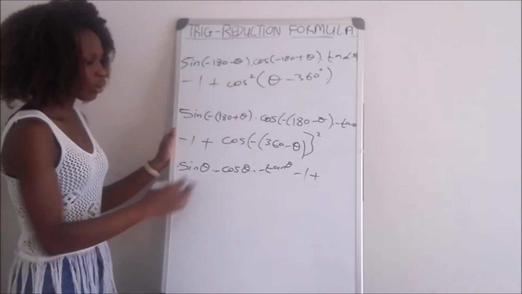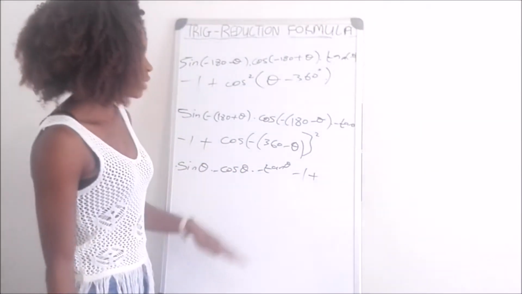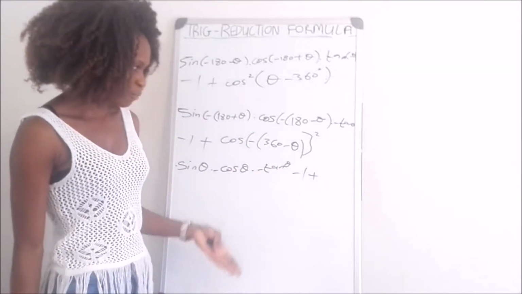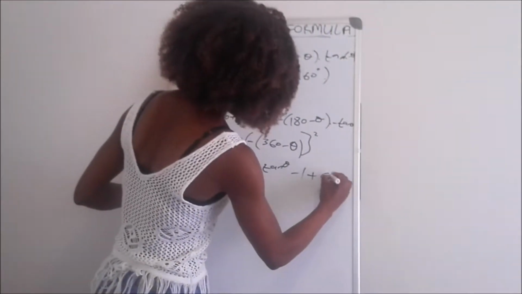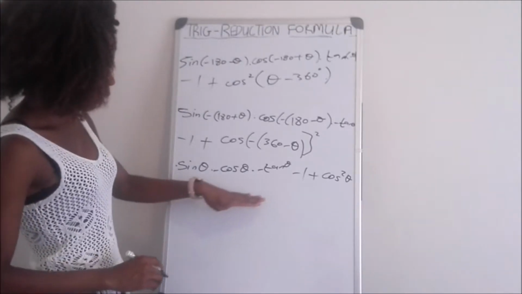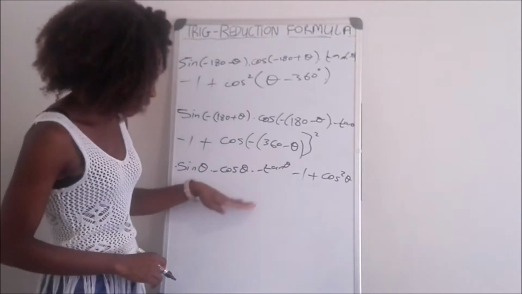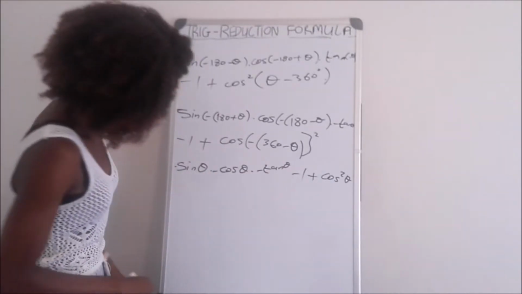Then minus 1 plus, with this one we have cos into a negative angle, which is still positive cos, and then 360 minus theta is still positive because it's in the fourth quadrant. Then with the squared, we are left with cos squared theta. From here we have sine theta multiplied by minus cos theta multiplied by minus tan theta, plus minus 1 plus cos squared theta.